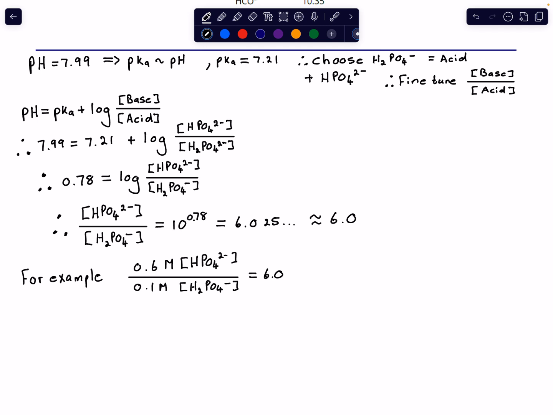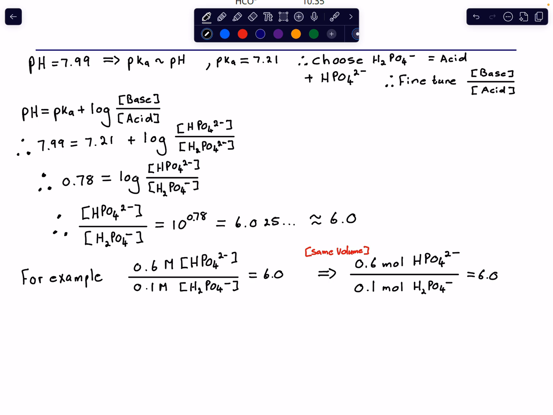Because they're in the same volume, this is actually also the mole ratio. So if we take 0.6 mole of HPO4 2 minus and 0.1 mole of H2PO4 minus, we also have a ratio of 6. This is because of the same volume, meaning they're in the same buffer solution.